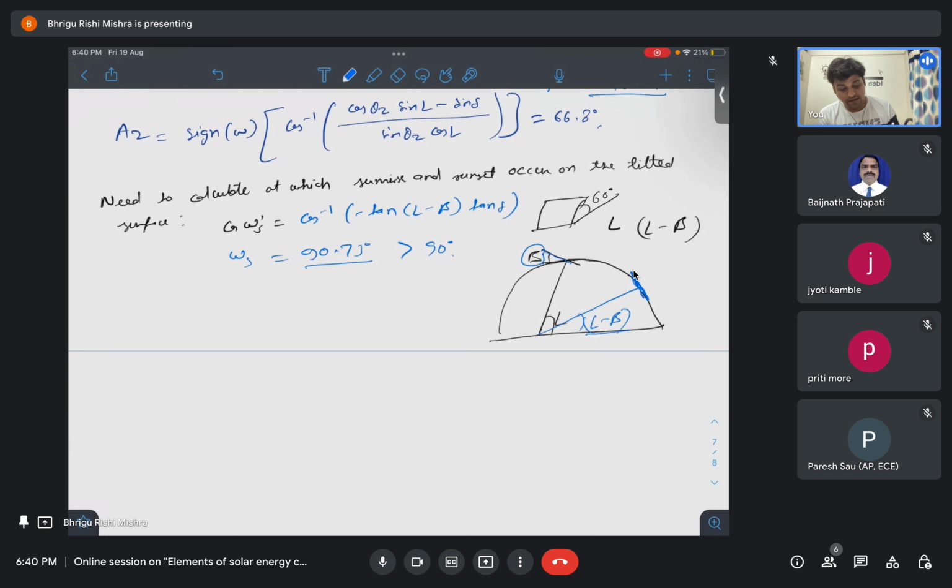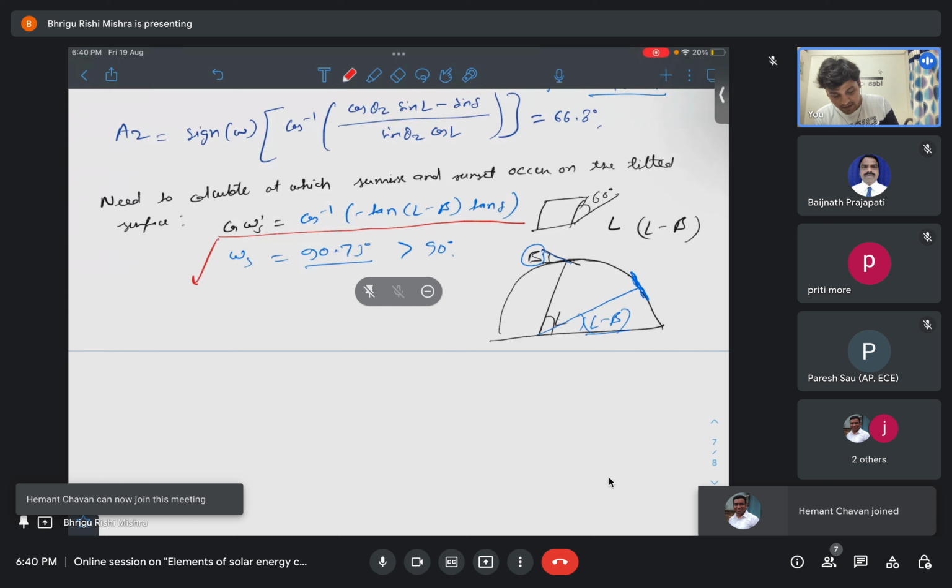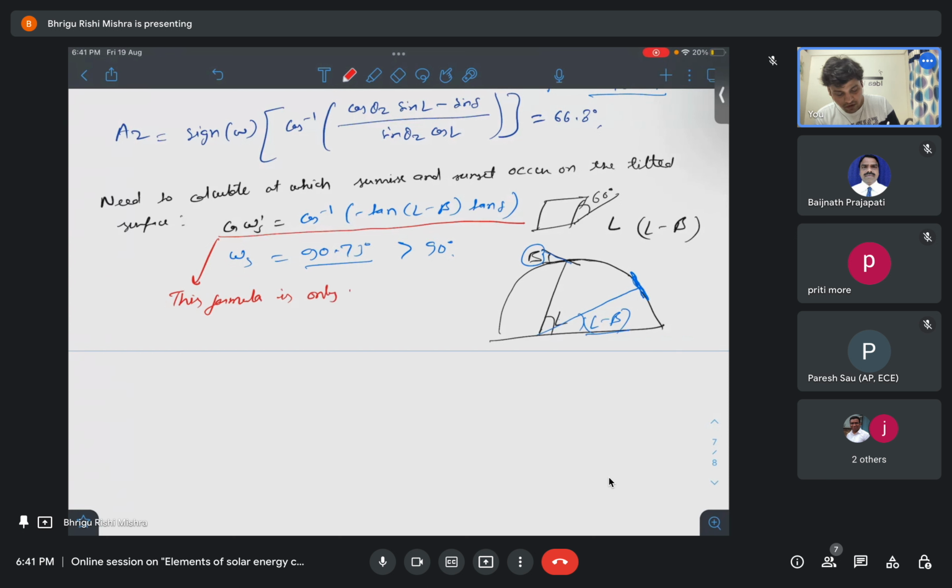See, the thing is, this formula is only valid when the surface azimuth angle is 0.